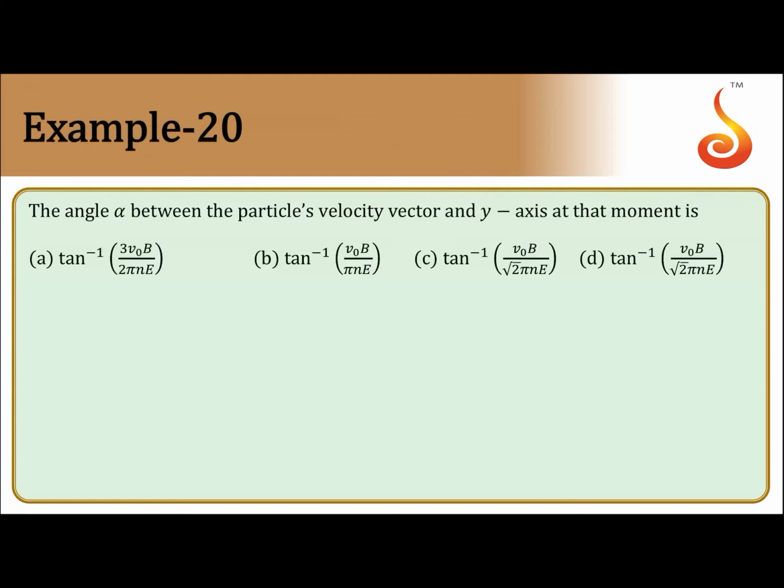Then next question is, the angle alpha between the particle's velocity vector and the y axis at the moment of crossing. We can see that Vy is Ay into t. So this will be equal to Qe by m into 2 pi m n by qb.